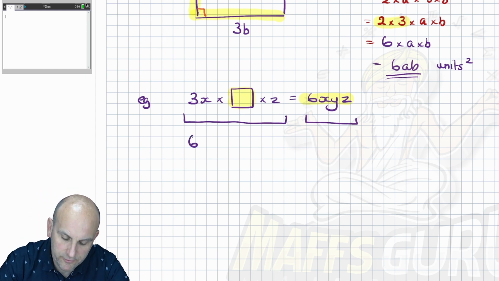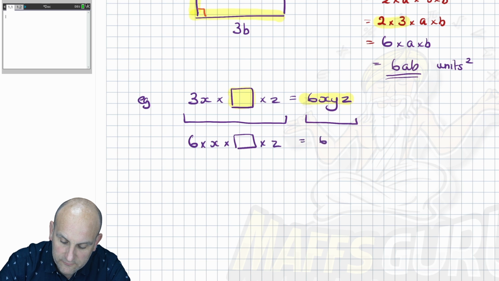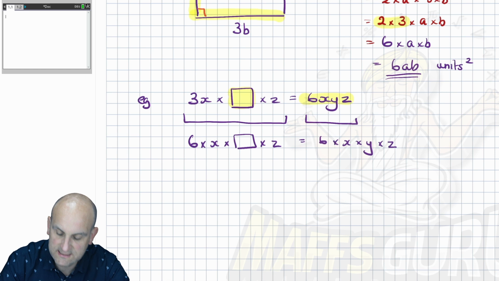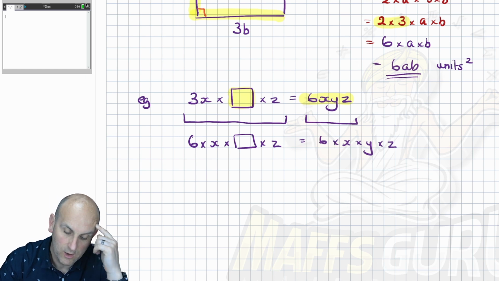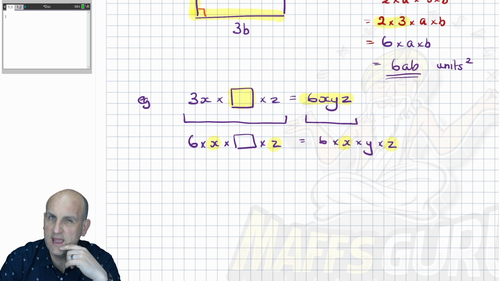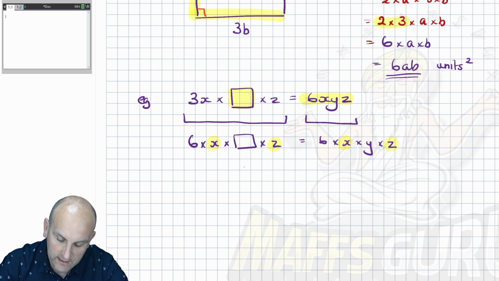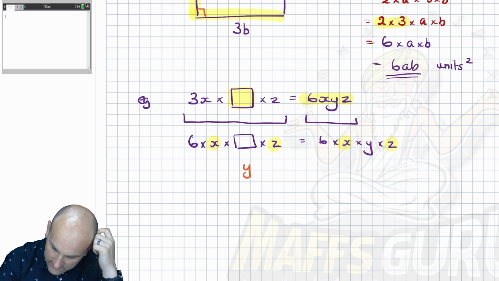So we've got 3 times x times something times z gives me 6 times x times y times z. Right, okay, so we've got one x on this side that matches the x on that side. That's awesome. We've got a z here that matches that z there. We don't seem to have a y anywhere on the left-hand side. So that's my first hint. I'm going to need to have a y in there.